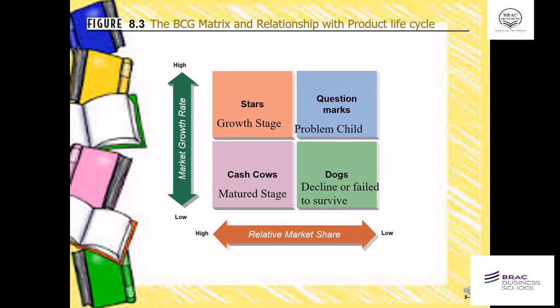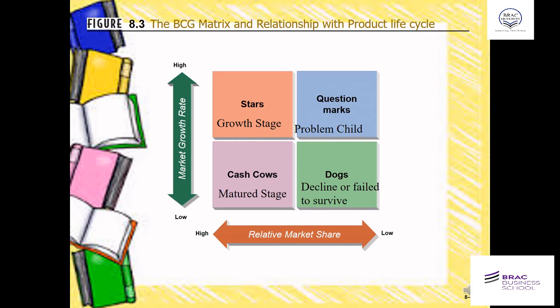We match it with the product life cycle to understand and go with more specific goals, targets or strategies. So star is compared with the growth stage. It is considered that the business is growing very rapidly and has huge acceptance, as the market share is high. That situation is considered as stars, that is, celebrities in the market.